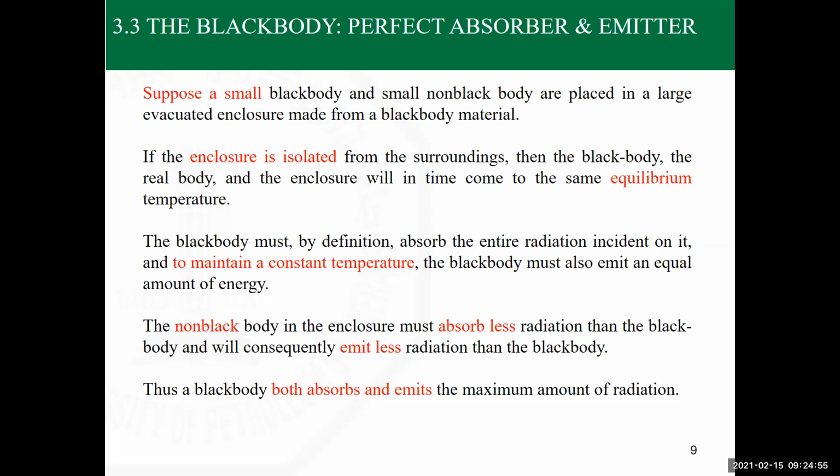If the black body is receiving lots of energy, then it should be losing lots of energy as well. This is the idea that the maximum emittance is coming from a black body. It is receiving the maximum amount of radiation in, but it is emitting the maximum amount of radiation out.